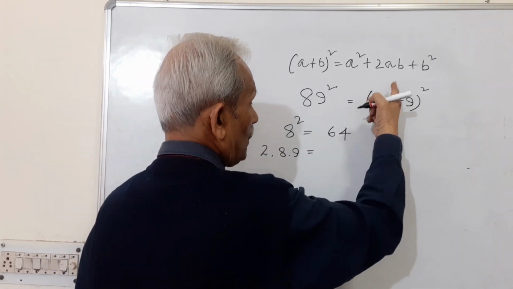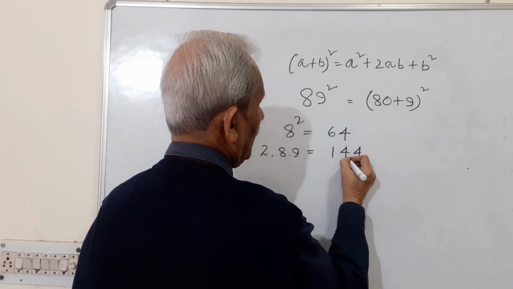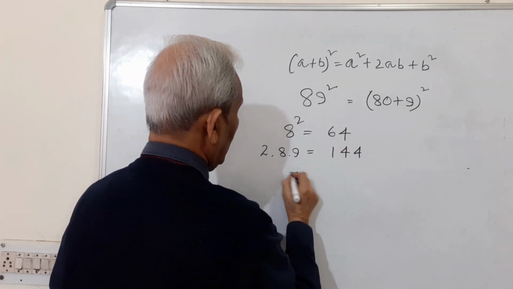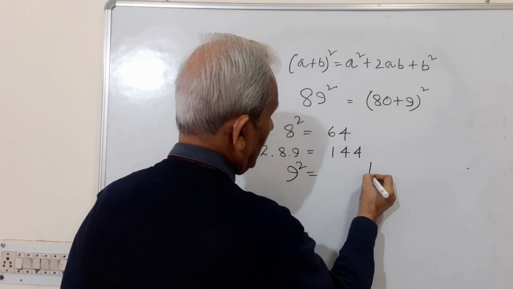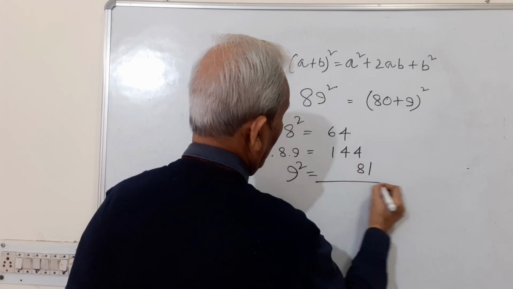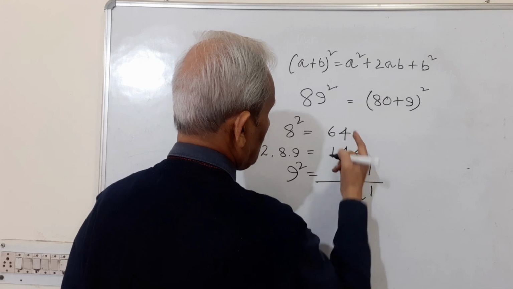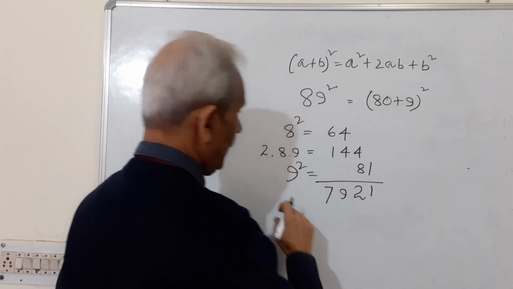And there is a 0 here. We'll shift by one space. 144. Write 4 here, 14 here. And then 9 square is equal to 81. Will shift by one space here, 81. Answer is 1, 8 plus 4, 12, 1 plus 4, 5 plus 4, 9, 6, 1, 7. So 7921 is the answer.